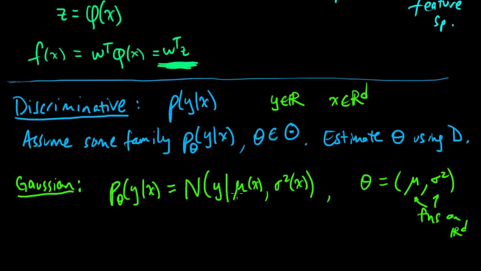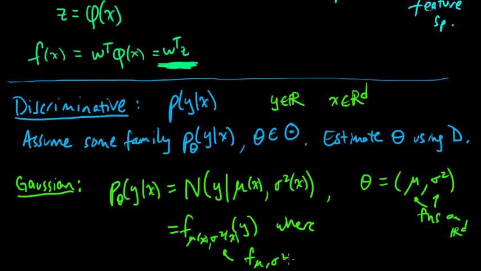So I sort of said what it is, but just to be a little more explicit, this is just a shorthand notation that is very convenient, rather than introducing some letter like f. We could say this equals f mu of x, sigma squared of x, of y, where this f mu sigma squared is the PDF of normal with mean mu and variance sigma squared.